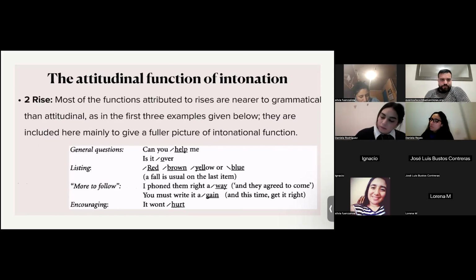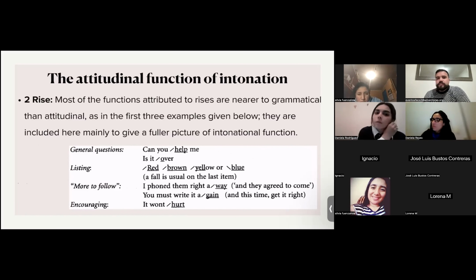For rise, most of the functions attributed to rises are nearer to grammatical than attitudinal, as in the first three examples given below. They are included here mainly to give a fuller picture of intonational function. For example, for a general question, "Can you help me?" Yes or no, right?